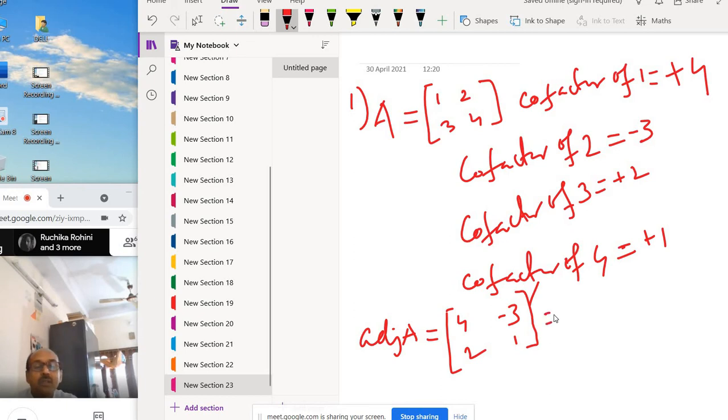So equal to transpose now. Transpose means, we know, row column interchange. So row column interchange: 4, minus 3 first row goes to first column, that is 4, minus 3, then 2, 1.